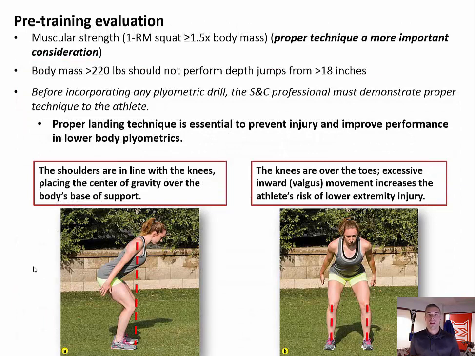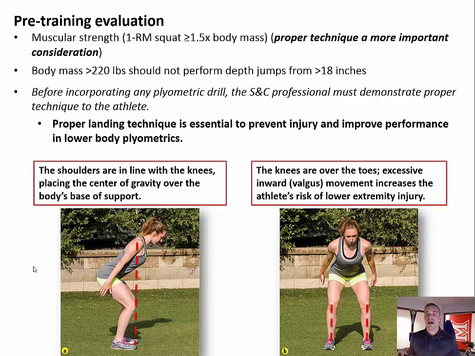So as part of the needs analysis, the strength and conditioning professional may perform a pre-training evaluation of the athlete or individual. To properly design a plyometric training program, the needs of the athlete must be analyzed by evaluating his or her sport, position, and training status.